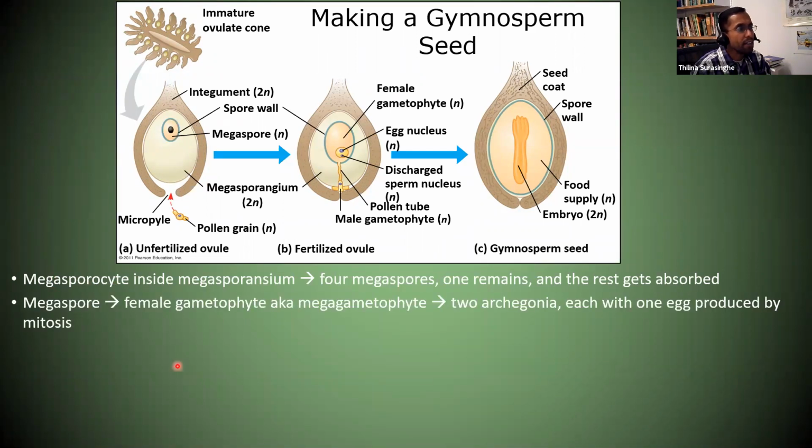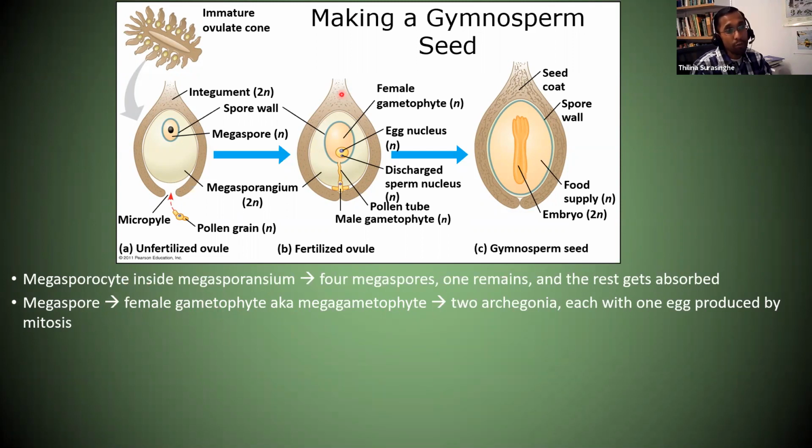Okay, and then as maturity continues, the megaspore will mature into the female gametophyte, also known as the megagametophyte, right?